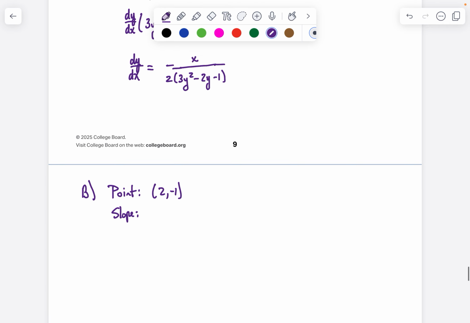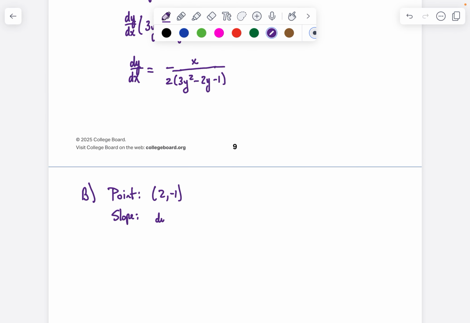And then I need to know the slope there, so I can use the equation that I just got. And again, if you weren't able to get part A, you at least had the answer, so you can still use it. So that would be -2 divided by 2 times 3(-1) squared minus 2 times (-1) minus 1.